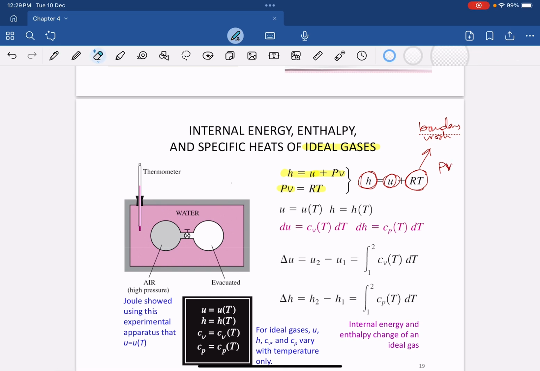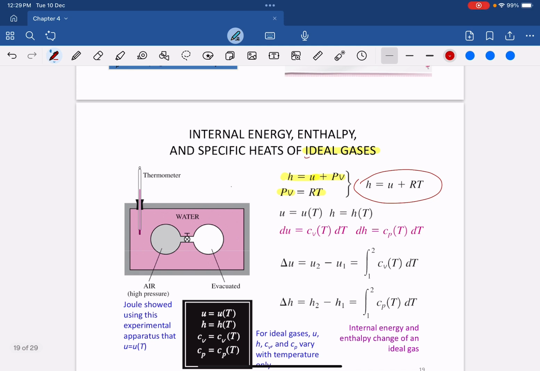So this will give us a relation between enthalpy and internal energy of any gases, given one condition: the gas is an ideal gas. From this relation, we can see that internal energy is a function of temperature.